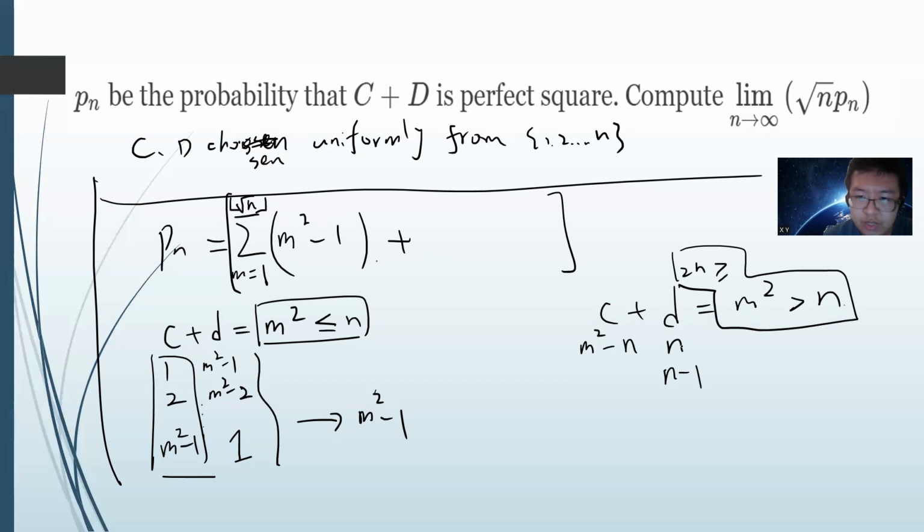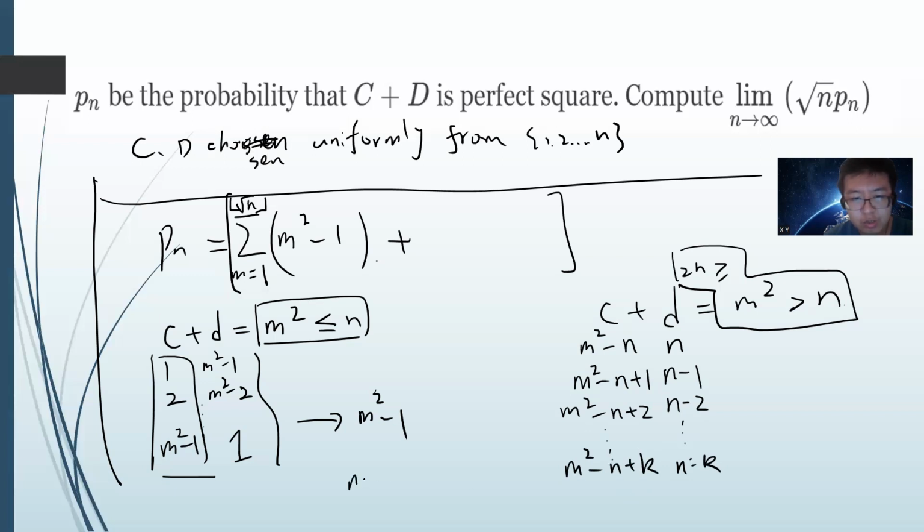If D is n, then C is m squared minus n. If D is n minus 1, then C is m squared minus n plus 1, and then n minus 2 gives m squared minus n plus 2, and keep going. But at some point you cannot keep going, because D gets smaller and C gets larger, and C cannot exceed n. Say up to D equals n minus k and C equals m squared minus n plus k.